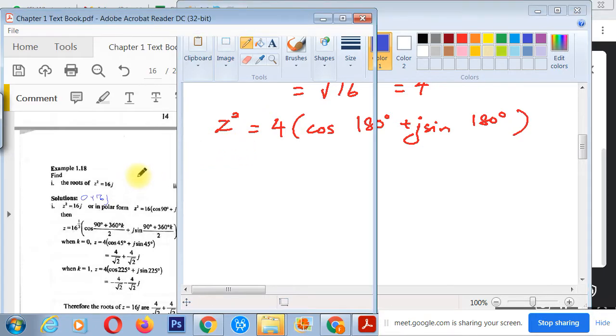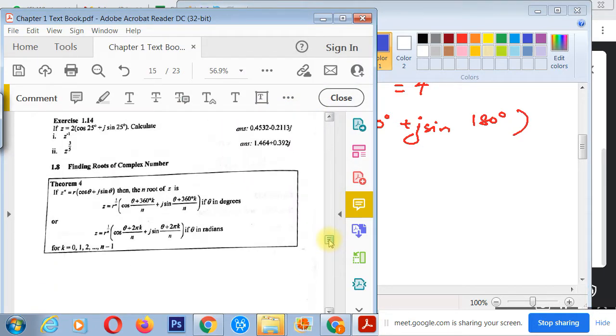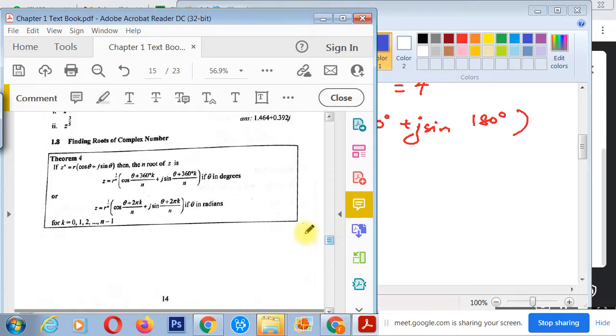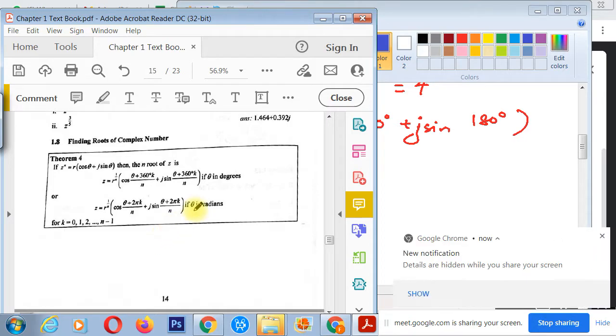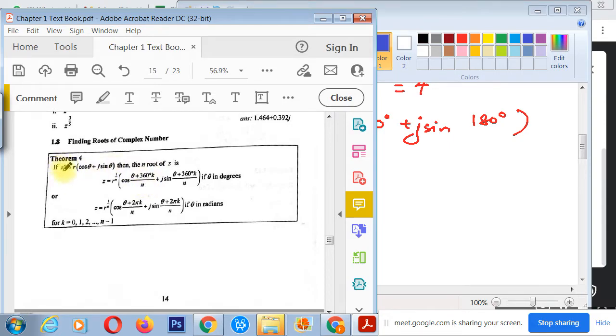For the roots, we can get them by using this formula. Just apply this formula. The key of this formula is that we can use both degree or radian, and then we have k, and then we have n. n is the power of z. k is how many circles we want, based on the power n.